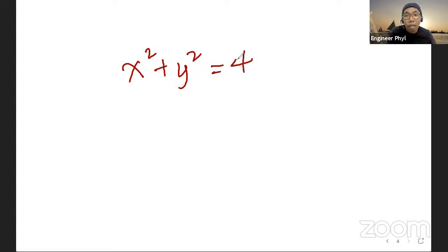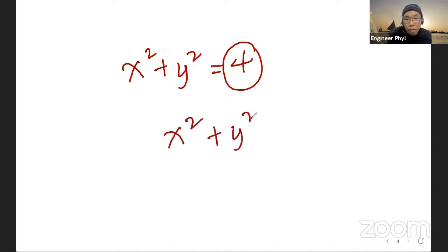Just a trivia, x squared plus y squared equals 4 is an equation of a circle. This 4 here is the square of the radius. If you recall, x squared plus y squared is equal to r squared. This is an equation of a circle.